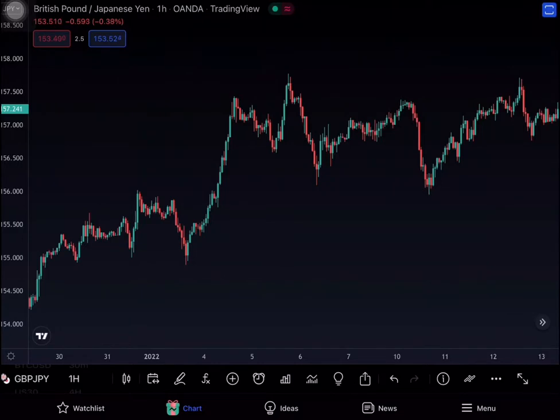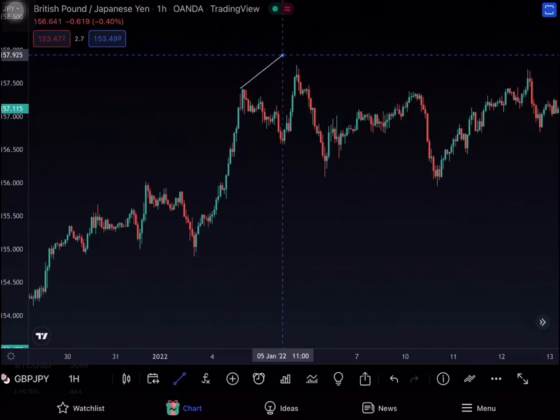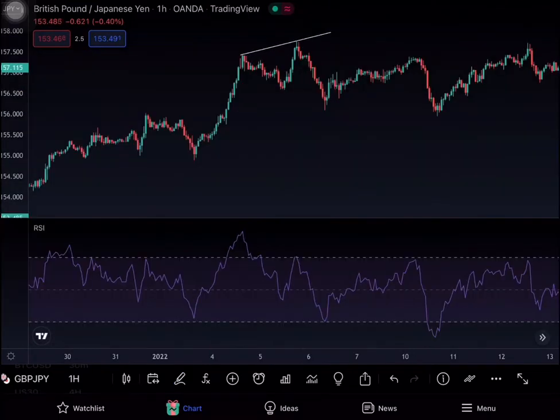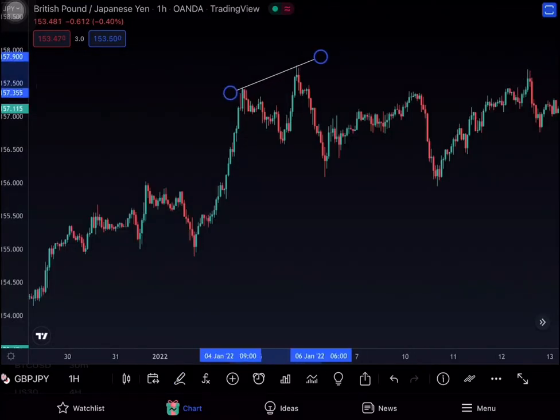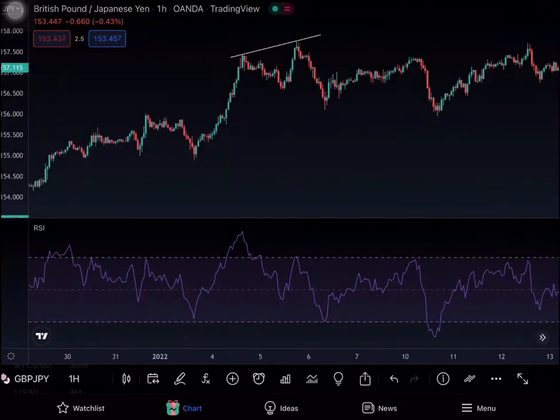As you see, the second high is higher than the first high, okay? But when we look at the RSI, we see a divergence in here.